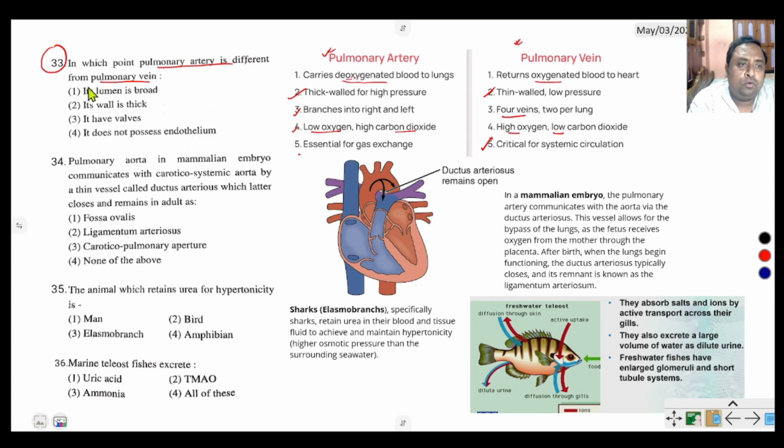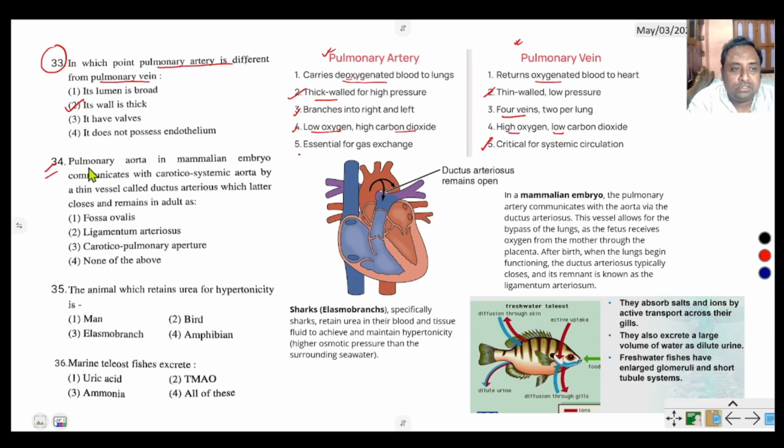Clear? So the difference between artery and vein is the thick wall. The right option is its wall is very thick. The pulmonary artery wall is very thick because of high pressure.